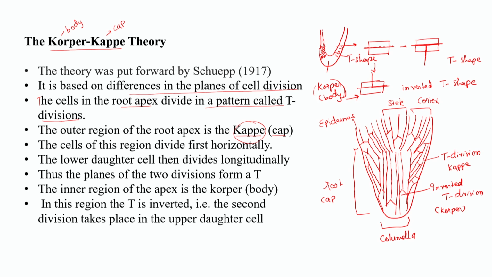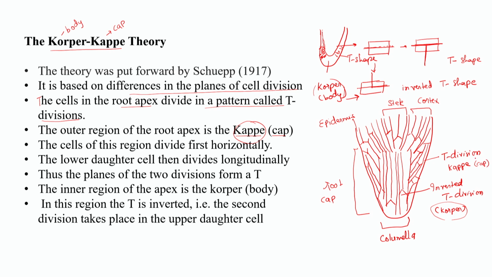You can see here this is inverted, whereas in the lateral root cap region you can see a normal T-shaped structure where the cells have divided in this fashion. So, this region, the columella region, is known as corpor, forms the body of this root, and this forms the cap.